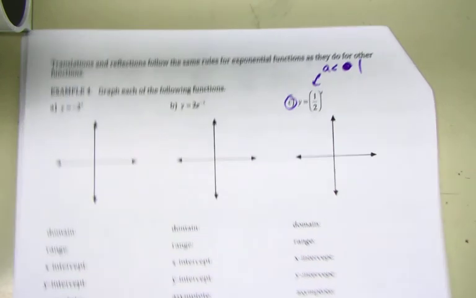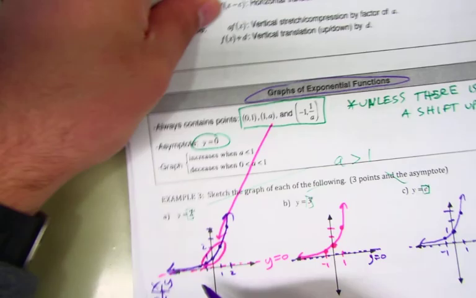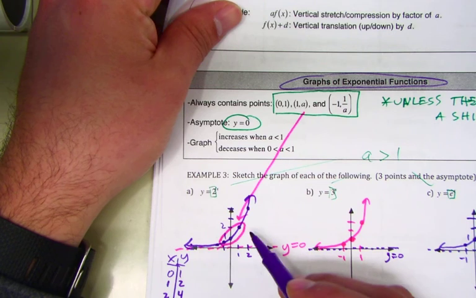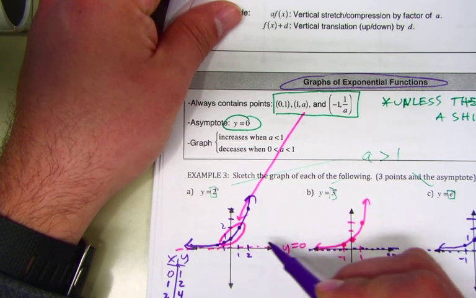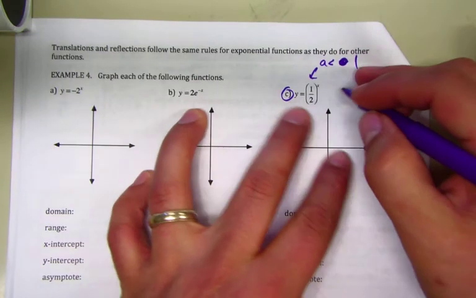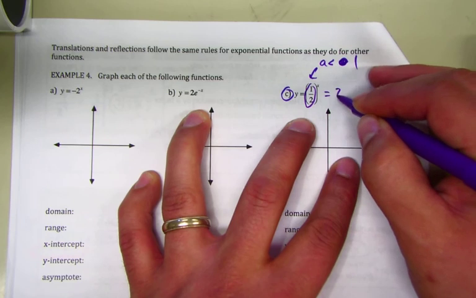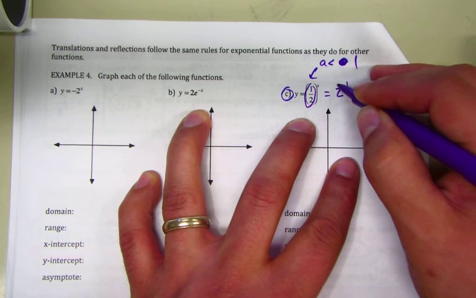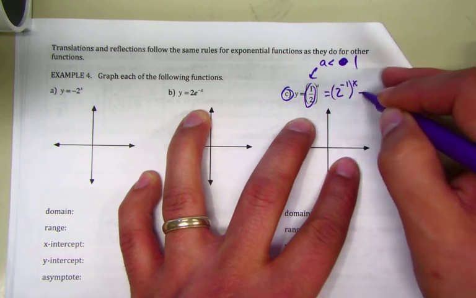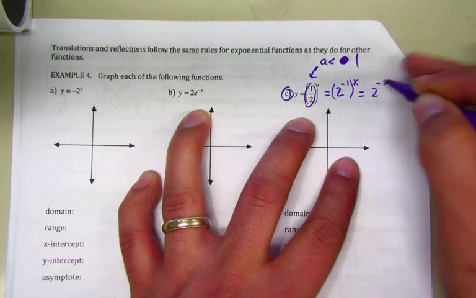It flips, yeah. So instead of having something that looks like this, it flips over the y-axis, and now it's decreasing, okay? And I can show you either using a graph or, remember, 1/2 is really the same as 2 to the -1, right? And this is the same as 2 to the -x then.